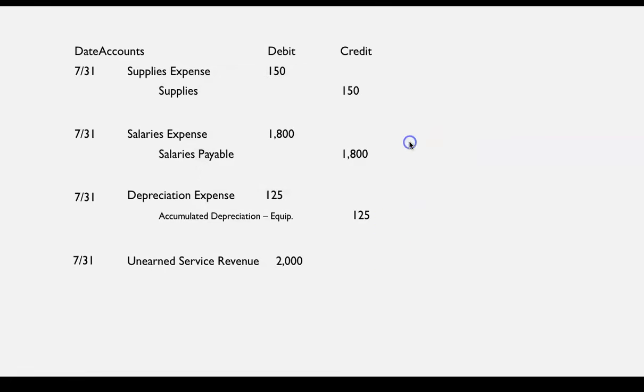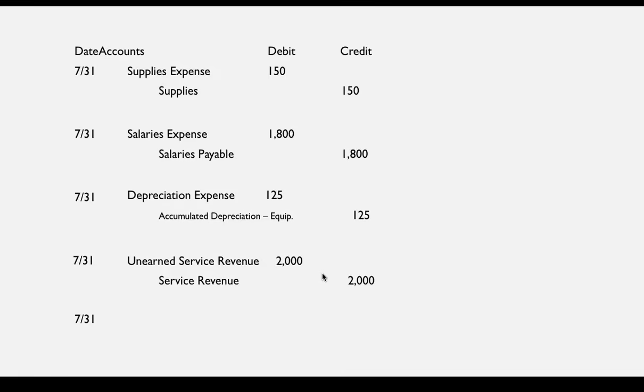And if we decrease that liability account here with this debit of $2,000, that then tells us that the account that we have to credit here, if we go back to those rules that we talked about at the start, has to end up being a revenue account. So we will credit our service revenue for $2,000. So all we're doing there is moving that $2,000 out of our unearned service revenue and into our service revenue account.